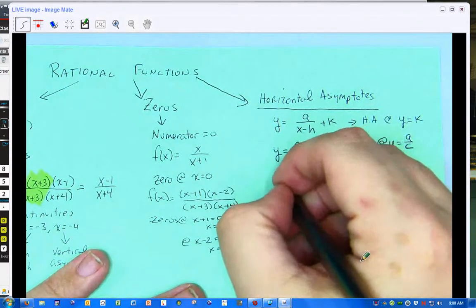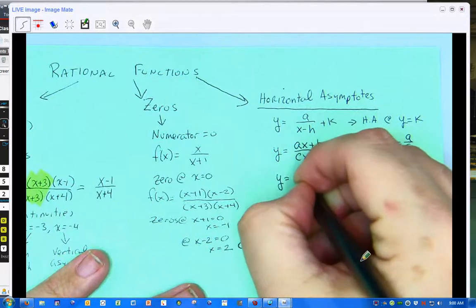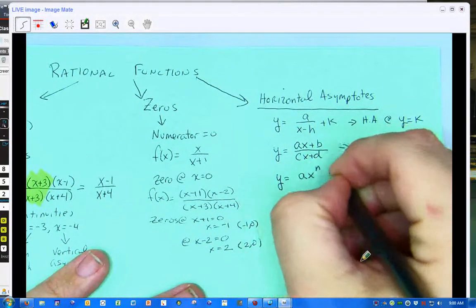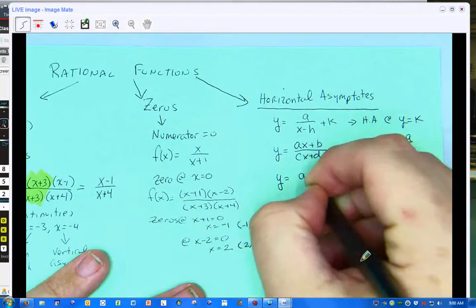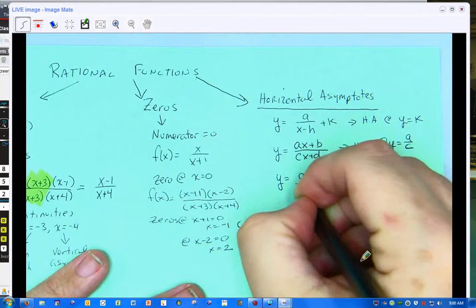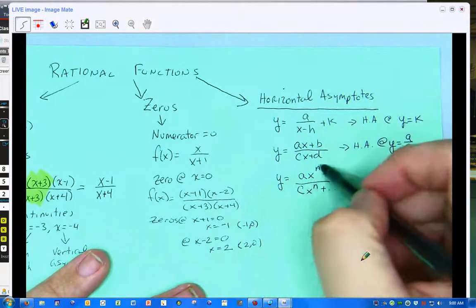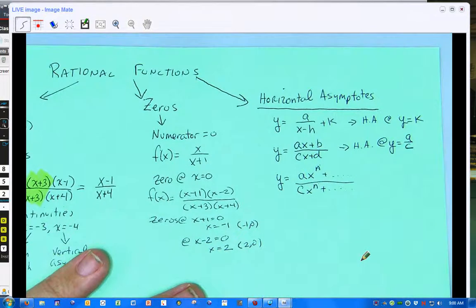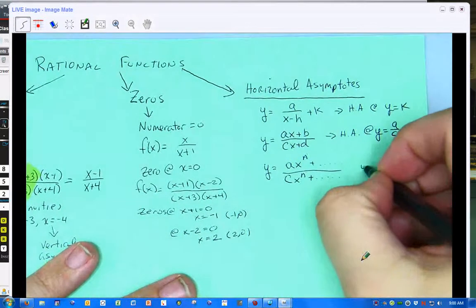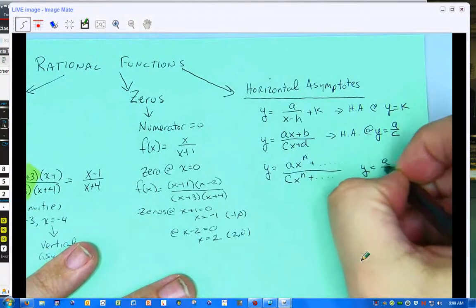If you have y is equal to ax to the n power plus dot dot dot over cx to the n power plus dot dot dot, and these two values are the same, you're going to get y is equal to a over c again.